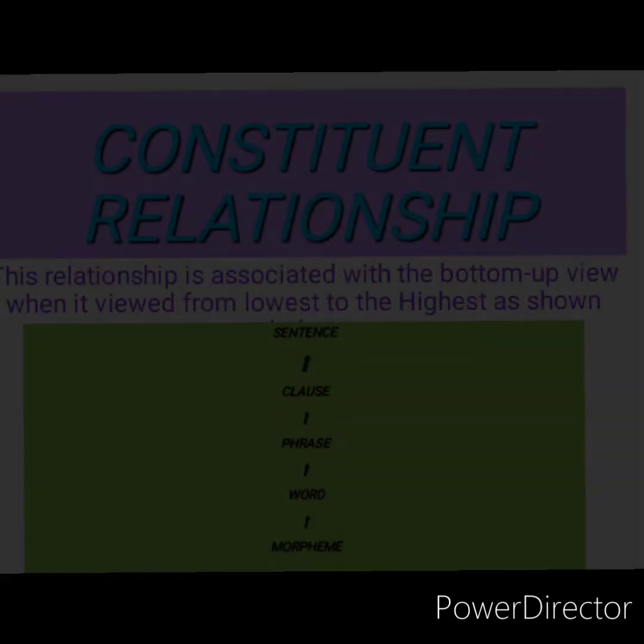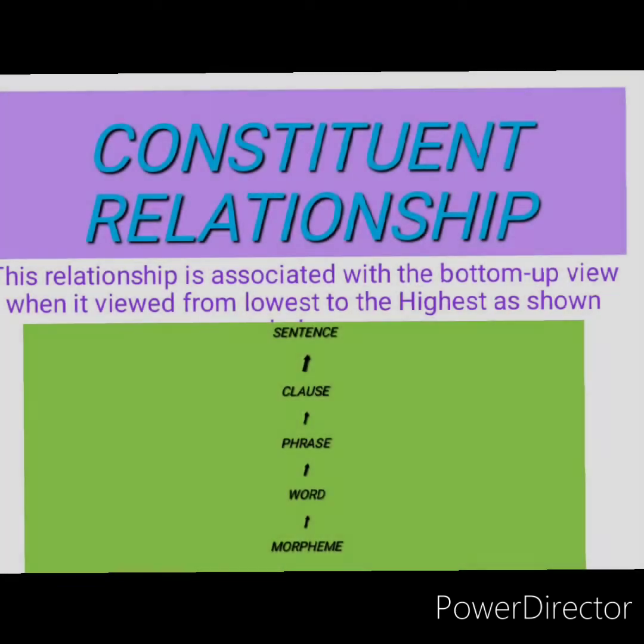Okay, if we are done with the other one, let's move to the constituent relationship. Now, we said that when we talk about the constituent relationship, this relationship is associated with the bottom-up view.